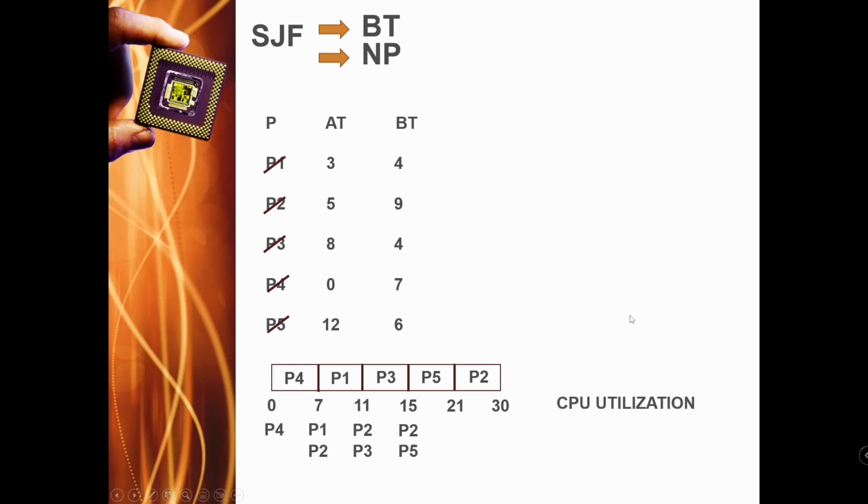So, for the CPU utilization, let's try to add the burst time. 4 plus 9 is equals to 13. 13 plus 4 is equals to 17. 17 plus 7 is equals to 24. And 24 plus 6 is equals to 30. So, 30 yung burst time summation niya. And for the end time, so ito, 30 over 30 times 100% lang natin siya. So, equals to 100%. Ayan.